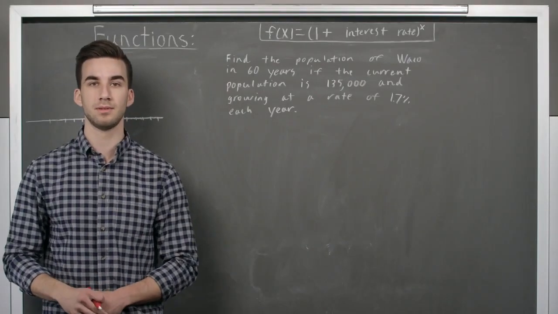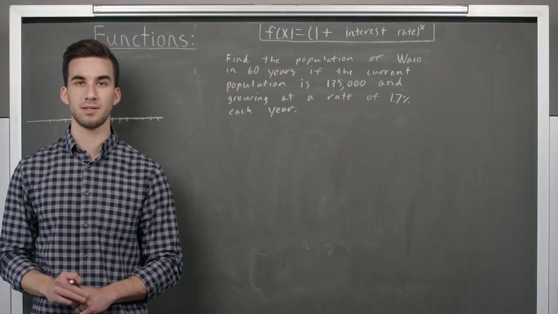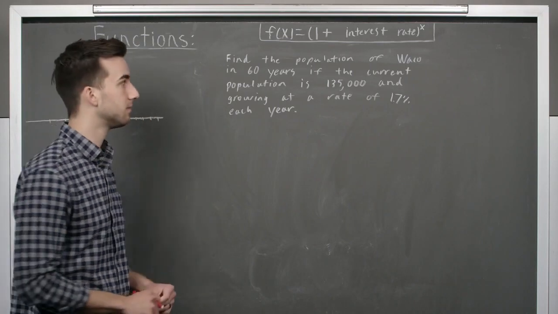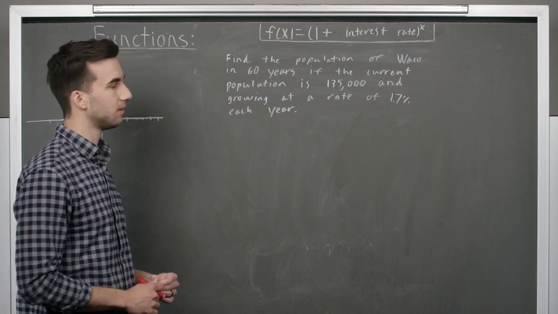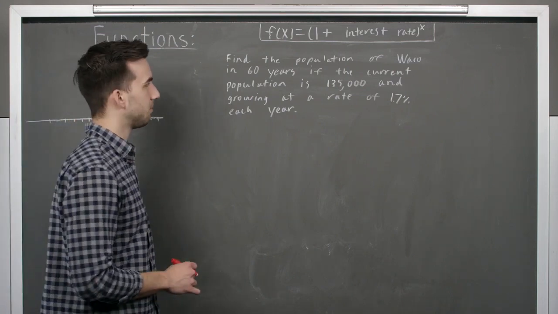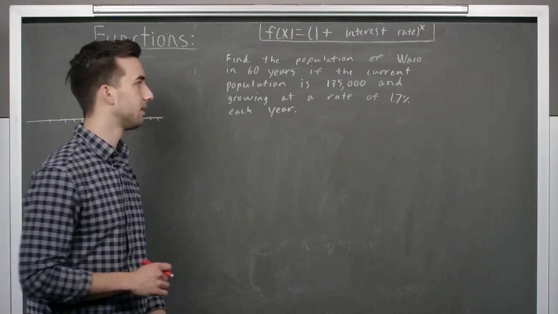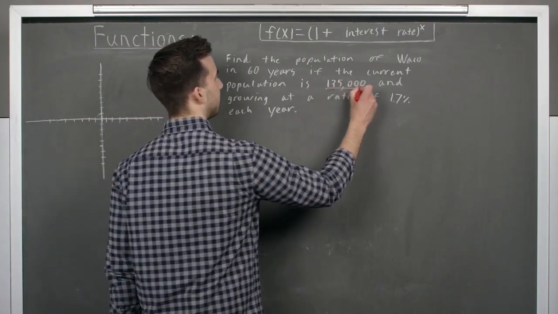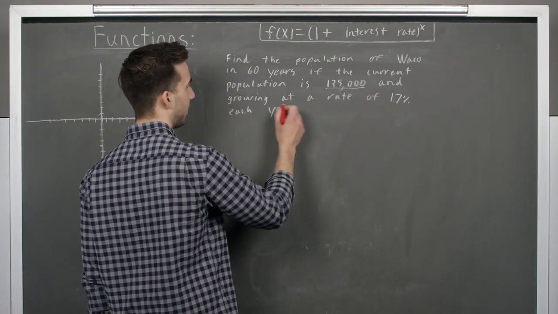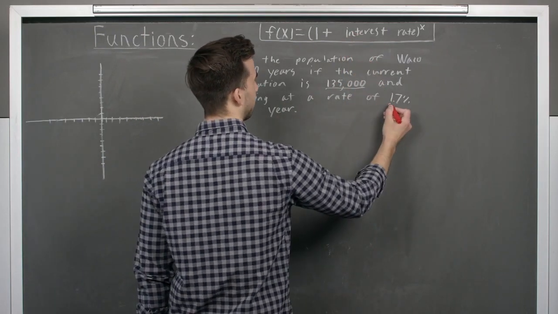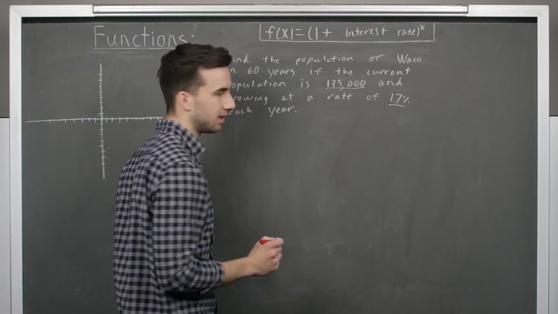In this example, we can make another exponential function that will model the population growth of the city of Waco. They want us to find the population in 60 years if our current population is 135,000 and the rate of growth is 1.7%.